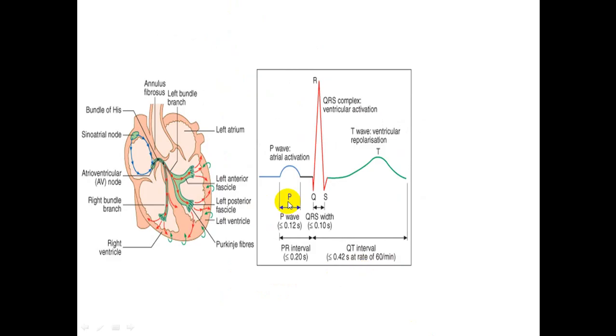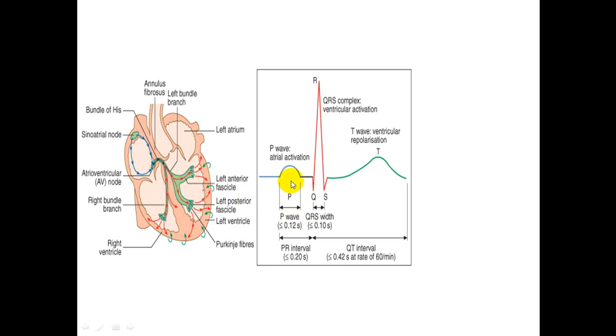The depolarization of the atria gives the P wave, both left and right. The depolarization of the ventricle, a few milliseconds before contraction, gives the QRS complex, while repolarization of the ventricle gives the T wave.